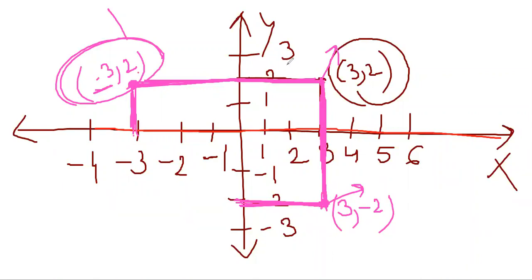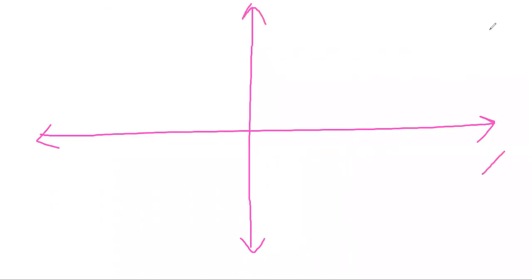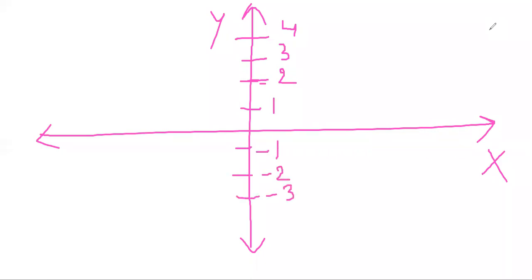Let's take one more example for it, okay? X, y, it's given here 1, 2, 3, 4, -1, -2, -3, -4, 1, 2, 3, 4, -1, -2, -3, -4.